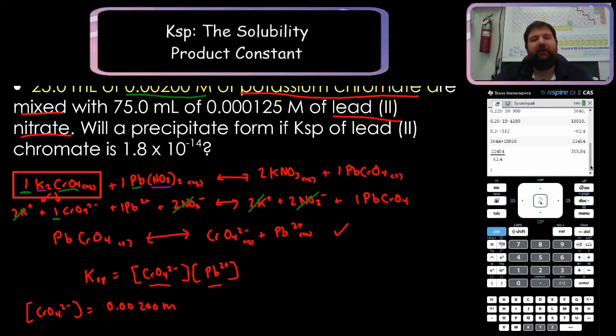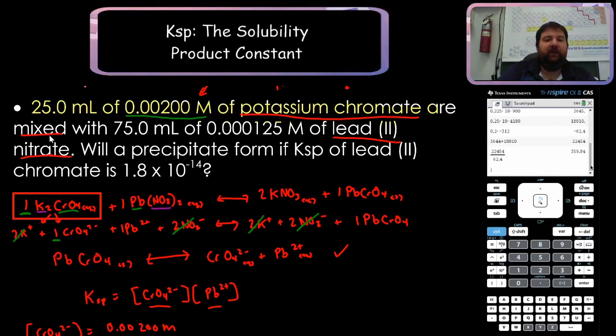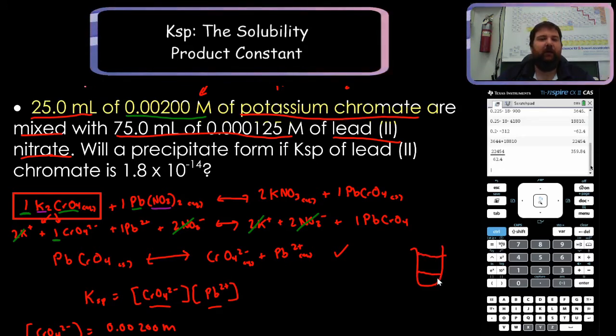Now you have to be really, really careful because that's getting diluted. I'm mixing two different solutions together. How much of this 0.002 molarity solution did I have? 25 milliliters of it. When I mixed it with this other stuff, I now no longer had 25 milliliters in my beaker. I went from 25 milliliters to 75 milliliters.